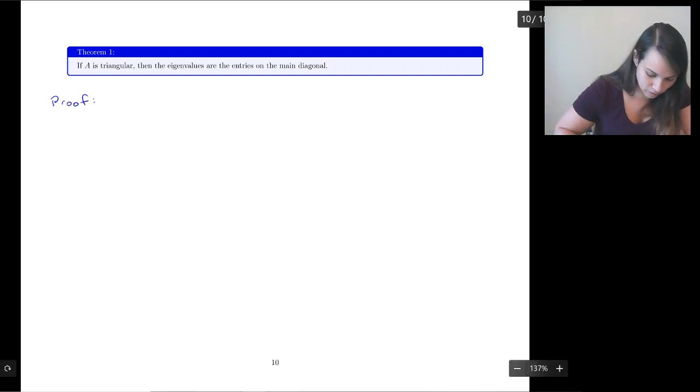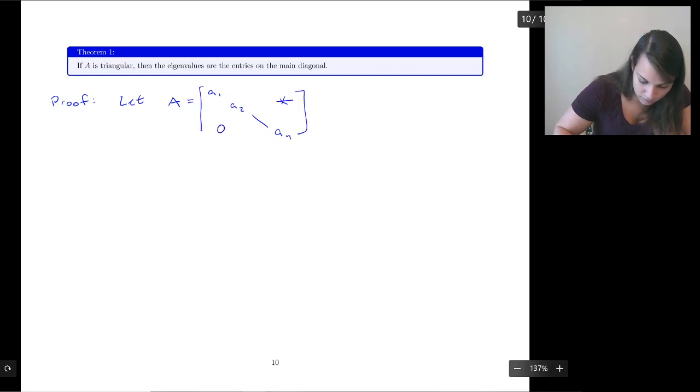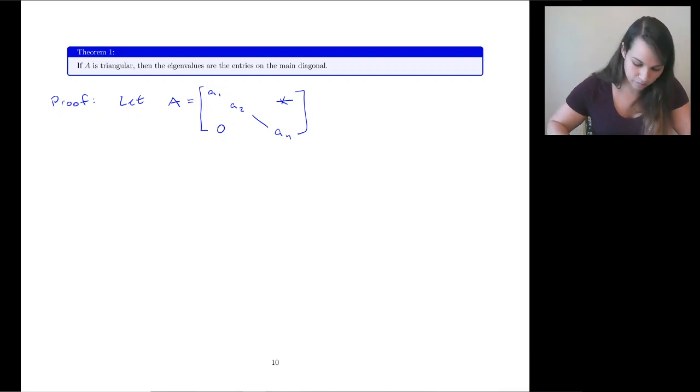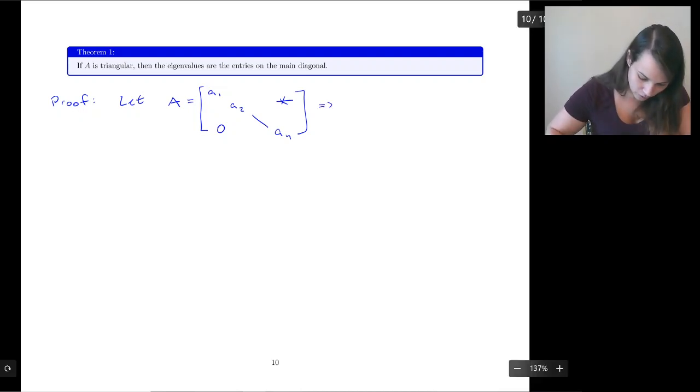Okay, so proof. We're going to say that A is triangular. Specifically, I'm going to go after upper triangular, but for no real good reason. Lower triangular has pretty much exactly the same proof, and so I'm just doing the upper triangular case. So then if it is triangular, A minus lambda I would look like this.